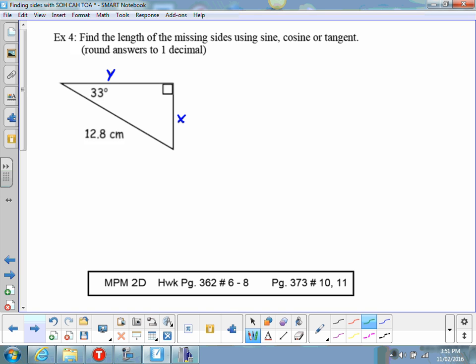Let's label our sides here. If I'm going to set up a plan for my answer, let's say that my first step is to find x. So I'm going to use the 33 and 12.8 along with the x to figure out what x is equal to. I need to label side x in relation to the 33, so it's opposite. And the 12.8 that I'm going to use, it's the hypotenuse. So I can ignore the y for now, and I'll figure out what x is.